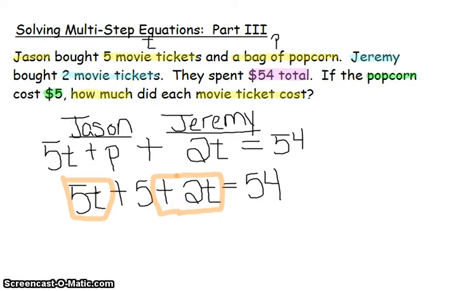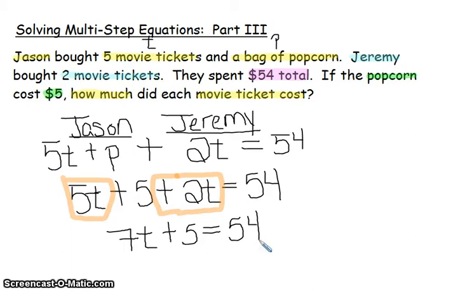Means the same thing. So 5t plus 2t on the same side of the equal sign, so I'm just going to add them together. So 5 plus 2 gives you 7t. So together they bought 7 tickets, plus the $5 for the popcorn equals $54.